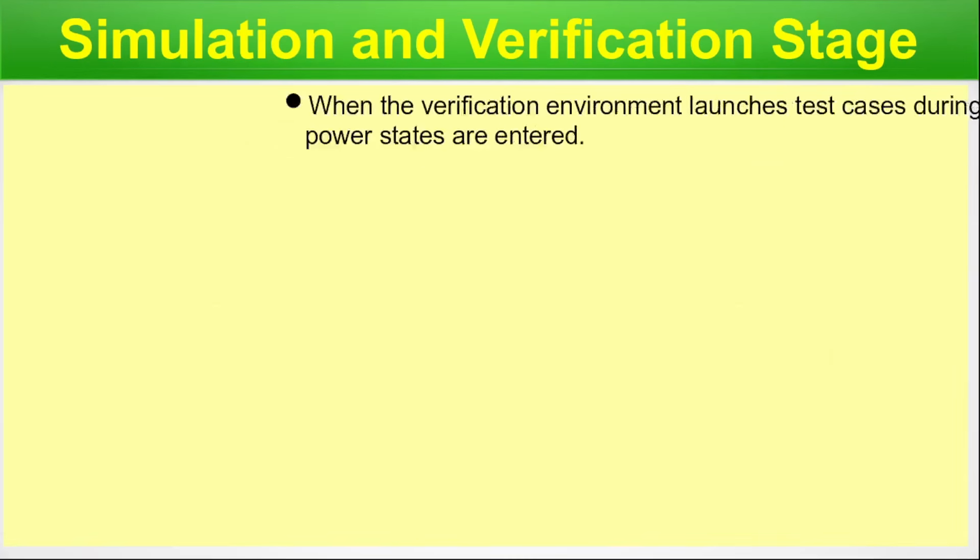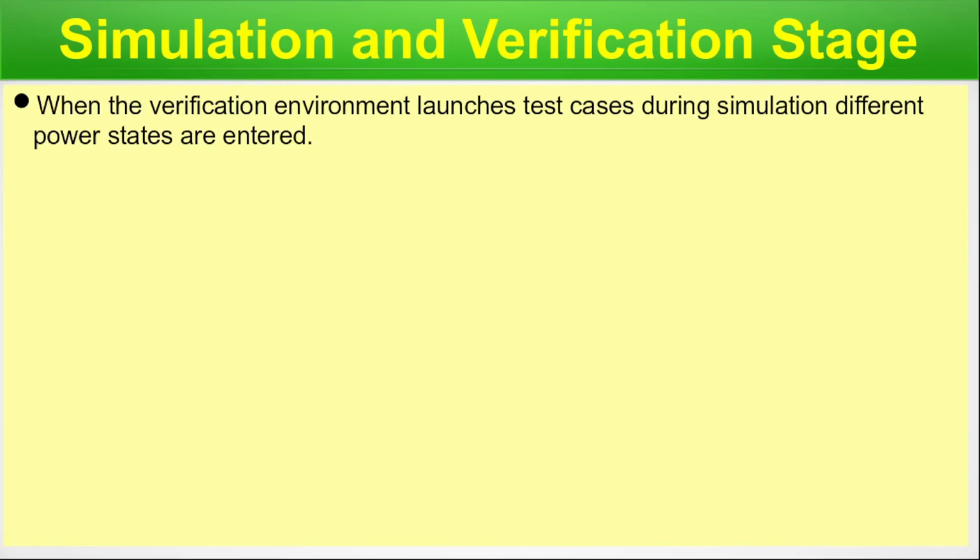Simulation and verification stage. In this slide, we will talk about the placing of the retention cell in simulation and verification, because throughout the design, the presence of the retention cell has to be properly implemented through thorough checks. When the verification environment launches test cases during simulation, different power states are entered.